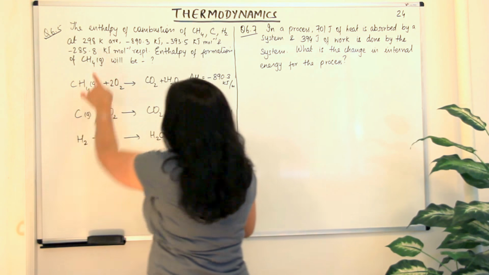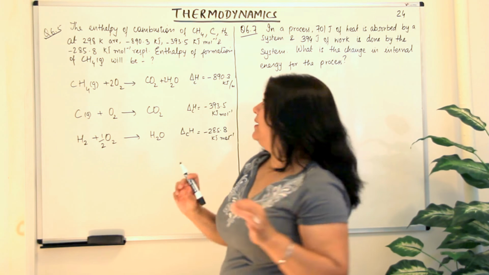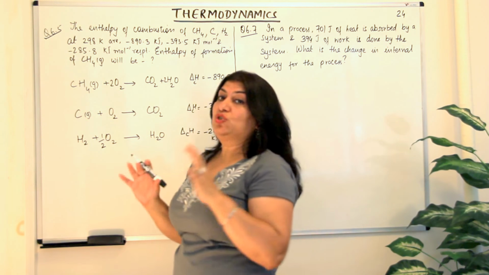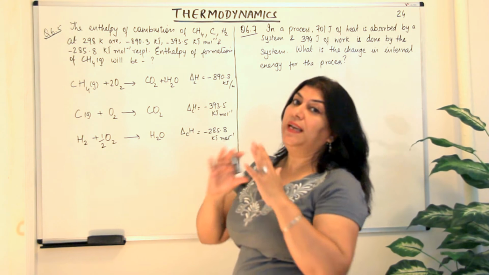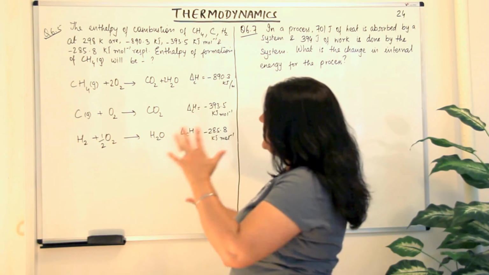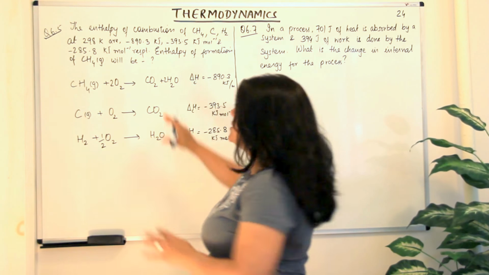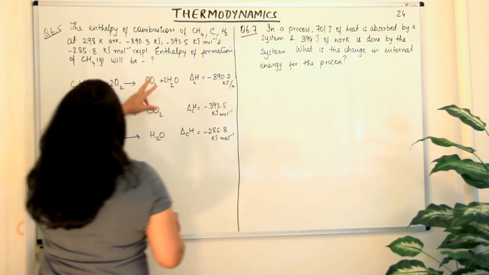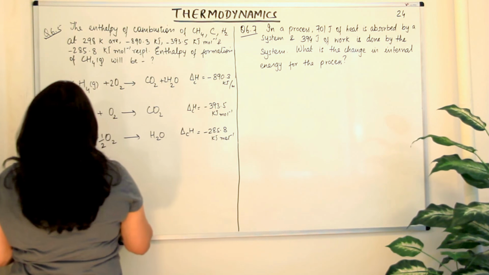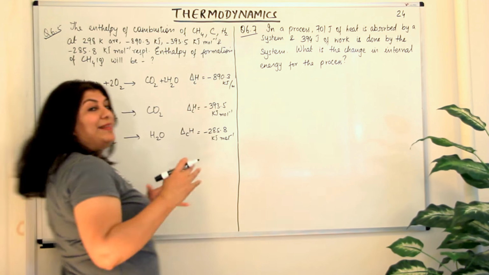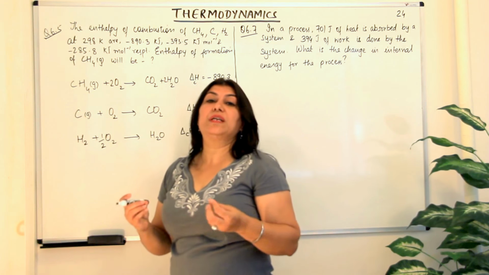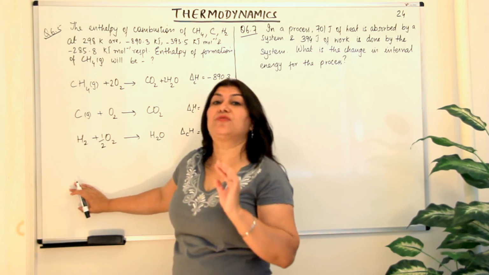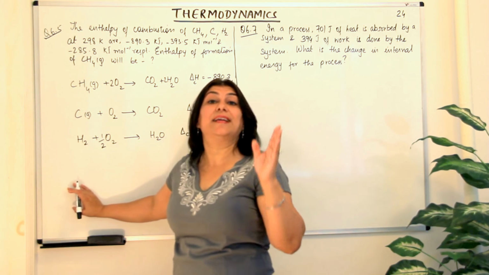Now, what is the desired reaction that we need? We have been asked to find out the enthalpy of formation of methane. So let us now write down the equation that we are looking for and then see what we are to do about this information that has been given to us in the question. So the overall reaction that we are looking for is the enthalpy of formation. What is enthalpy of formation? It is the amount of energy given or taken in the formation of 1 mole of a substance from its constituent elements in their standard states.